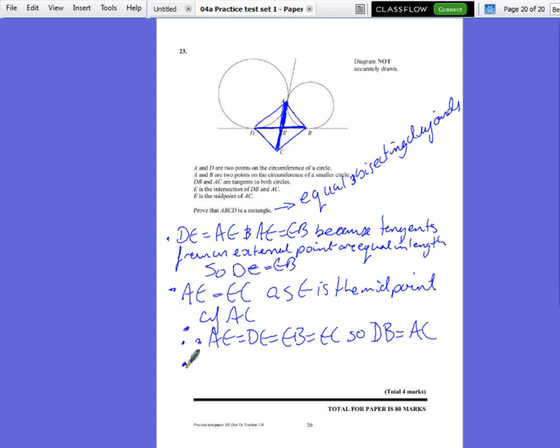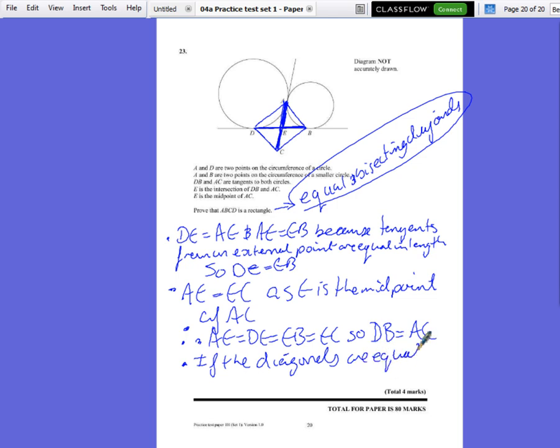And therefore, we've just got to finish off with this statement here. Alright? So therefore, if the diagonals are equal and bisect each other, then it's a rectangle.